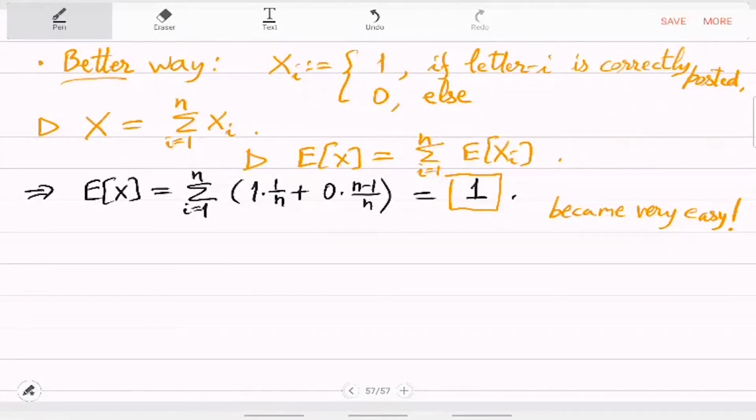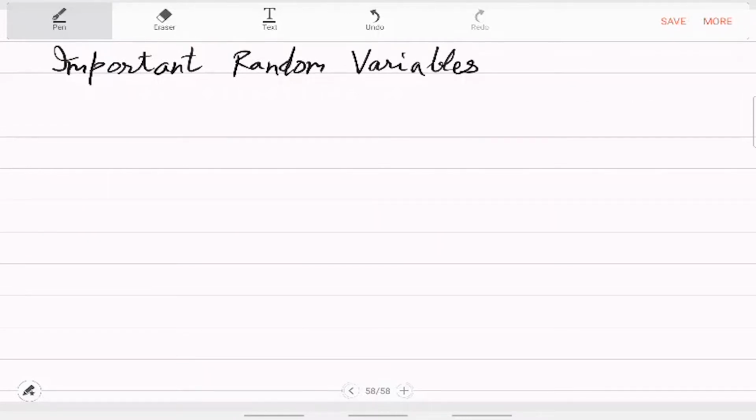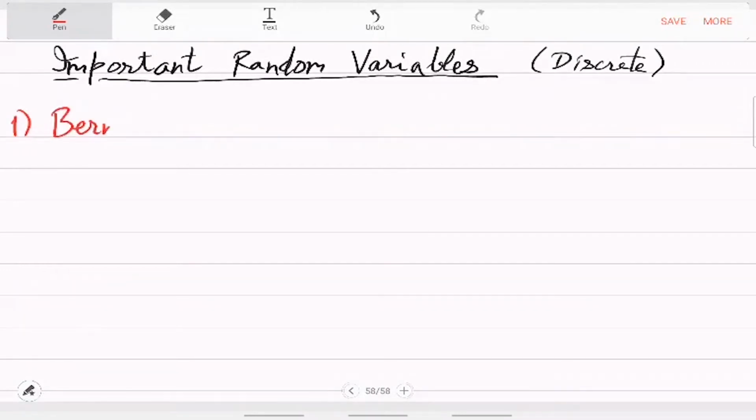Let us now move to random variables which are famous, which appear in many areas. So let us start with the discrete first. Okay, so the first example, probably the oldest named example, is the Bernoulli random variable.